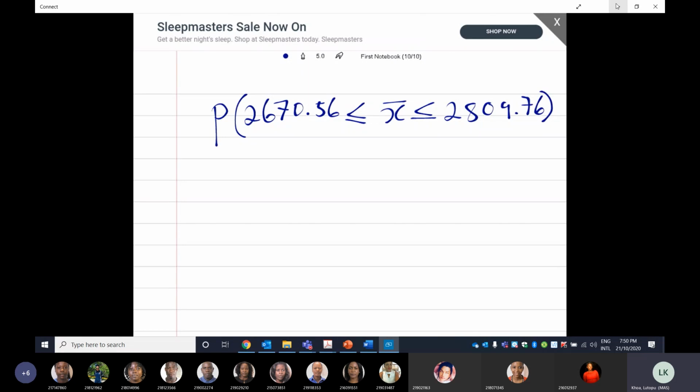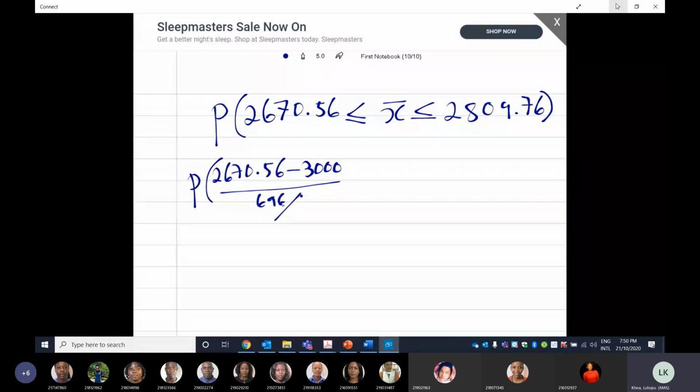we do the same thing, we standardize. So let's say this is the probability that 2670.56, we subtract our mean, which is 3,000. Then we divide by sigma, which is 696, and this is divided by the square root of 36.